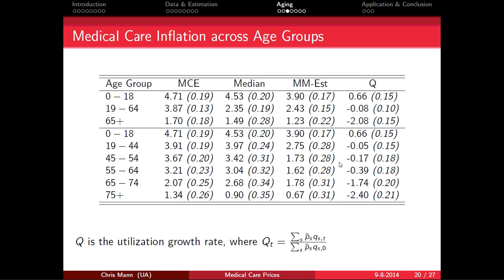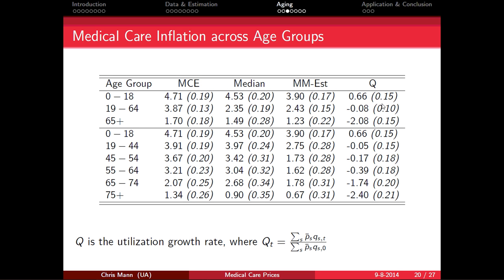And what we see is that, for young individuals, children, then utilization is actually growing, meaning that more resources, more inputs are actually being used to treat these children, right? And pretty large in percentage terms, right? 0.2% growth on average each year.